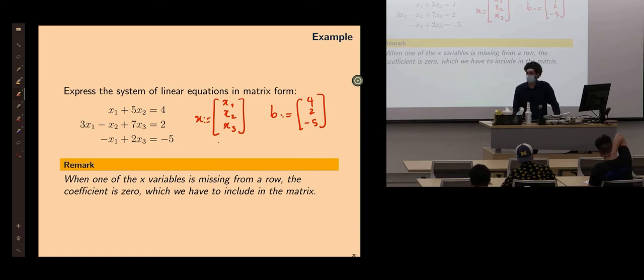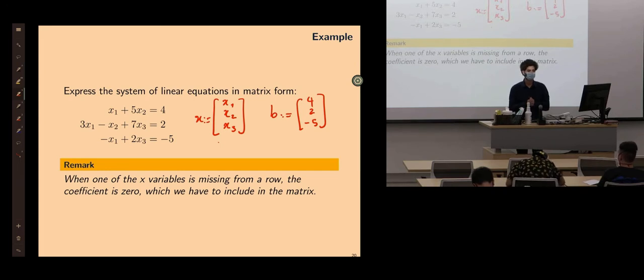For the matrix part, it's a little tricky because I don't see x3 in the first line, and I don't see x2 in the last line. Generally speaking, it's not a problem if you're solving it on paper, but you cannot leave a gap in a matrix. You need to fill in all the entries. So the coefficients for the missing variables are zeros.